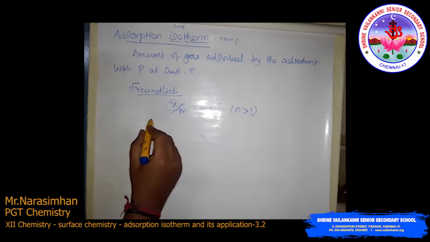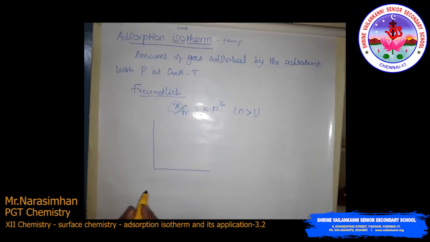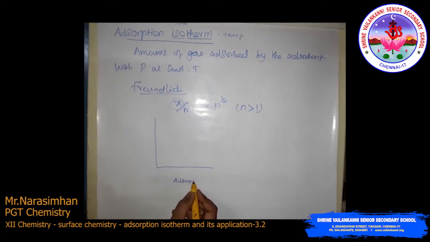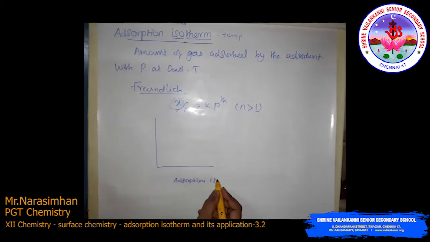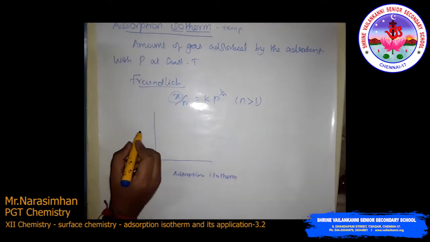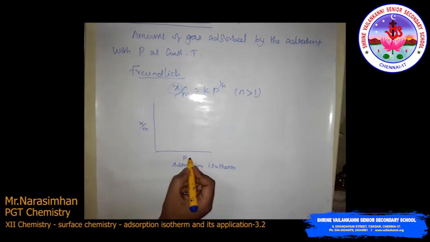Usually the graph looks like this. This is the adsorption isotherm graph, x/m versus pressure.